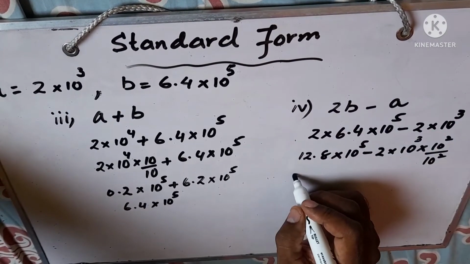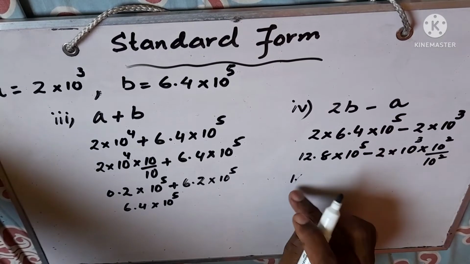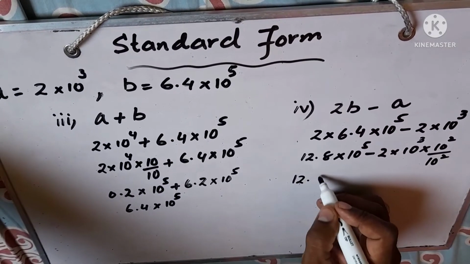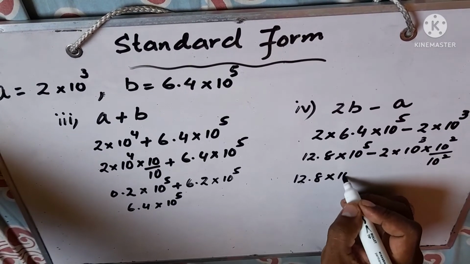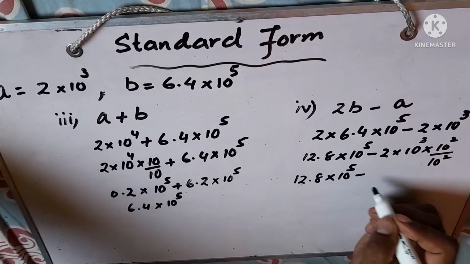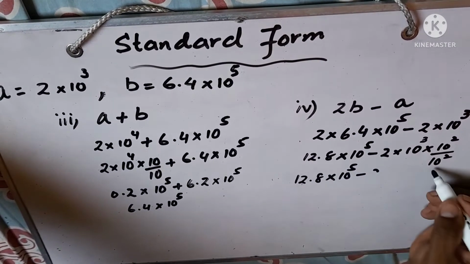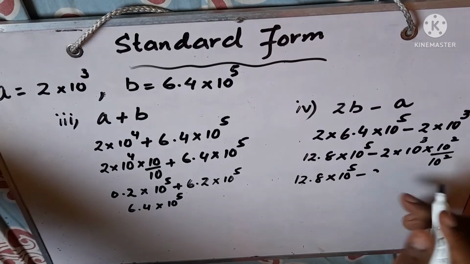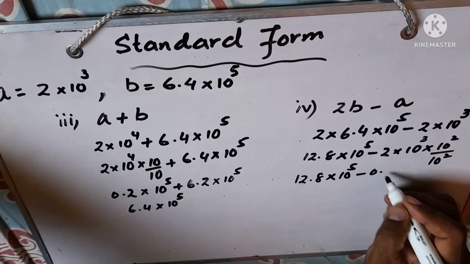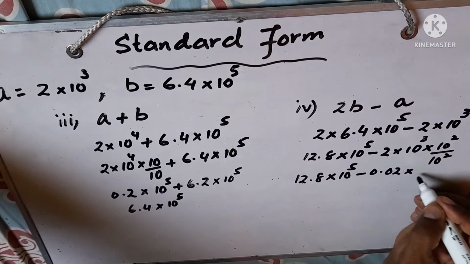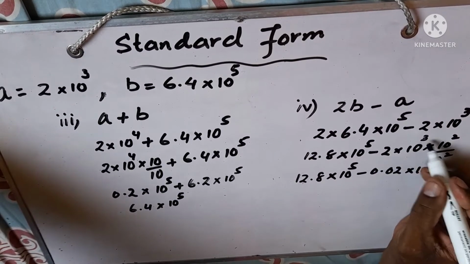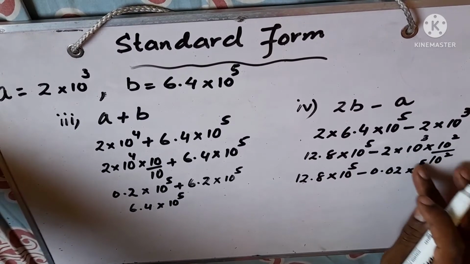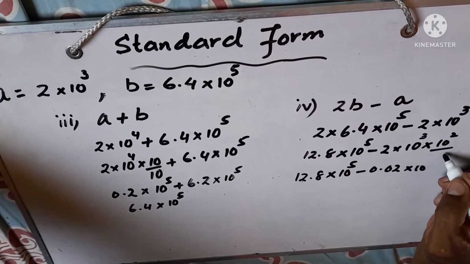So this I will copy as it is, 12.8 into 10 to the power 5 minus 2 divided by 10 squared, which is 100. 2 divided by 100 is 0.02 into 10 to the power 3 plus 2, which is 5. Let me just write this down.